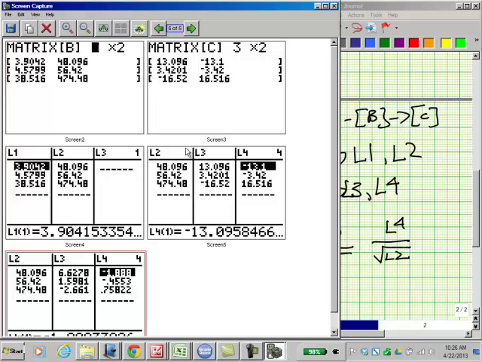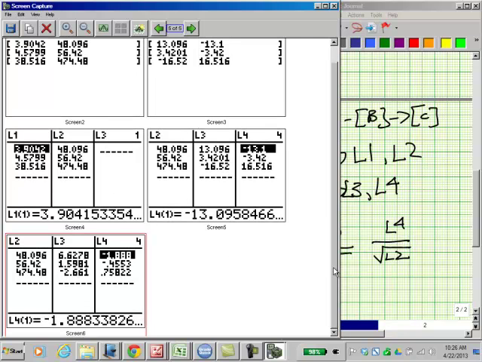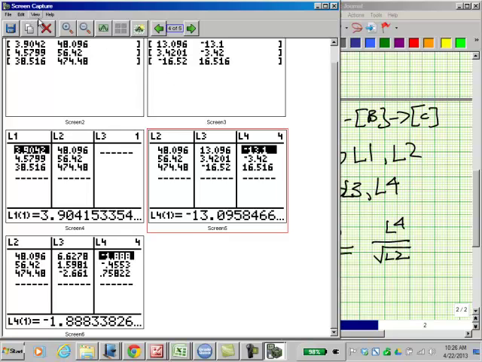Okay, now let's talk about L3. Here's the numbers we need, so let's get rid of all this other stuff.